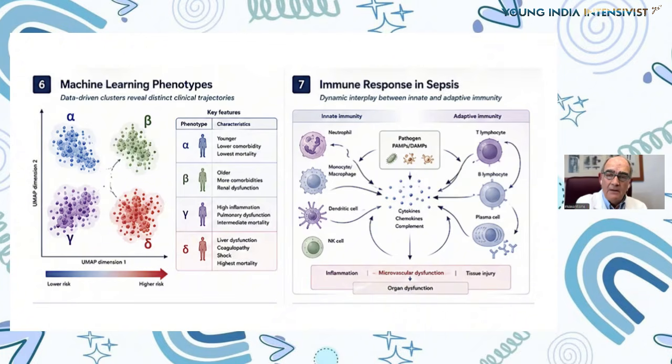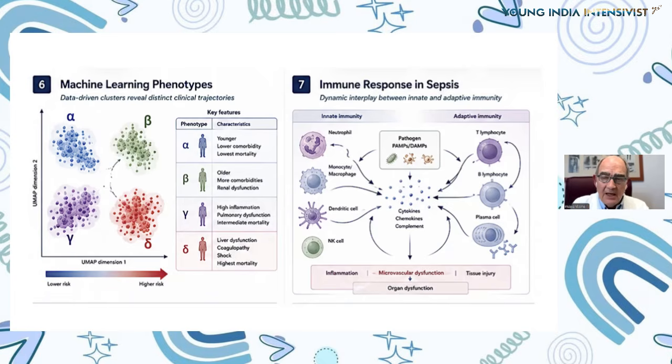The microvascular dysfunction is the translation of the activation of these 2 immunities and the liberation of these substances. It is something very similar to what happens when we use CAR T cell therapy, where we have a cytokine storm.